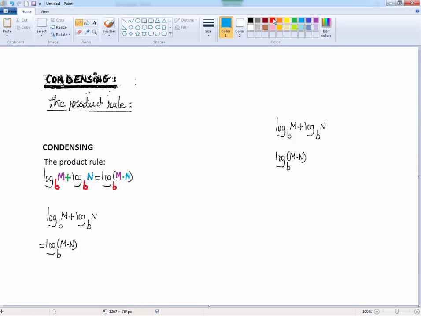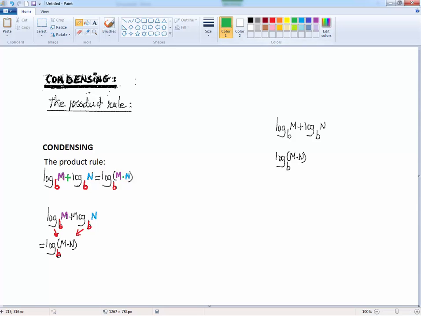And whether you write it vertically, notice that when you combine your logs, what happens is the following. You have those two logs combining as a single log base b.